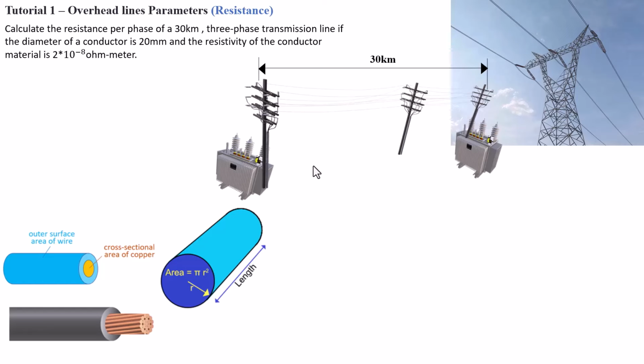So basically what we need to understand here is that in power transmission, using conductors with large diameter is important because it helps minimize the power losses due to resistive heating, as we all know.